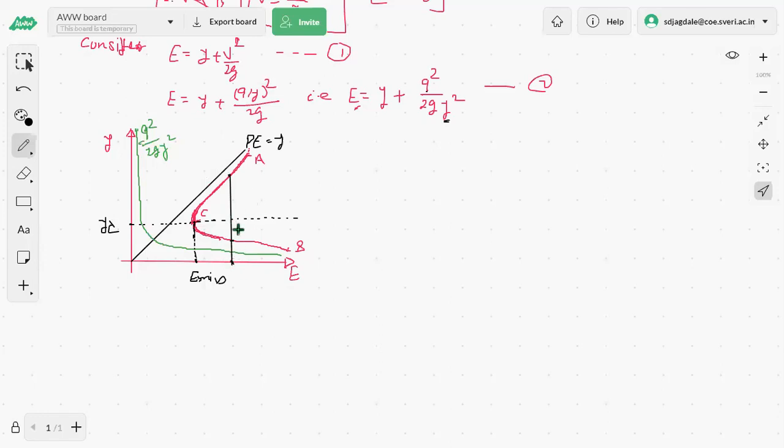This specific energy I have considered. So we have 2 points on the upper limb AC and the lower limb BC. Consider this as point 1 and another as 2. Suppose that this is 2 and this is 1. Those are related to the flow depth I'm considering over here.